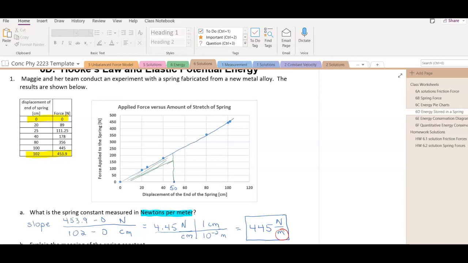So this area that I'm shading in, this is the energy stored when the displacement is half a meter. So to show the energy stored in the spring, it would be the area between the force versus displacement graph and the x-axis.